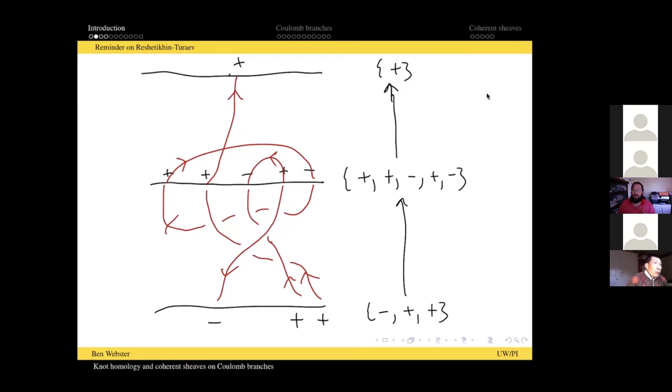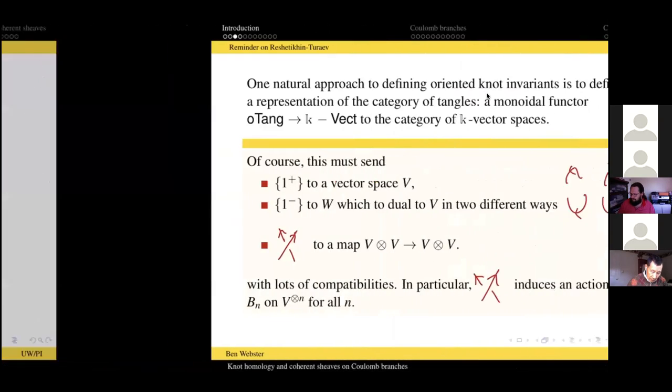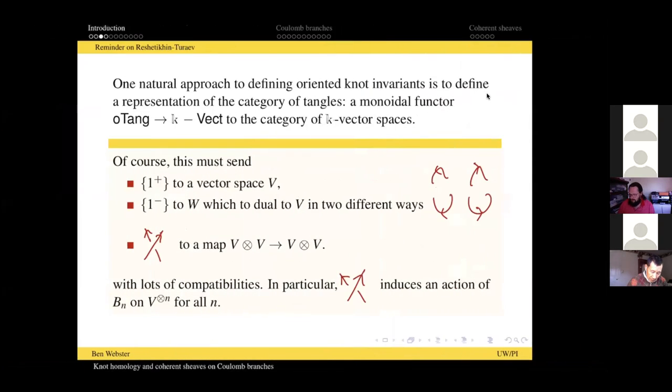Note in particular that links are thus morphisms in this category from the empty set to the empty set. It's often helpful to think about link invariants as really being representations of this category. So there's a natural approach to constructing an oriented knot invariant, which is to define a representation of this category of tangles, a monoidal functor.